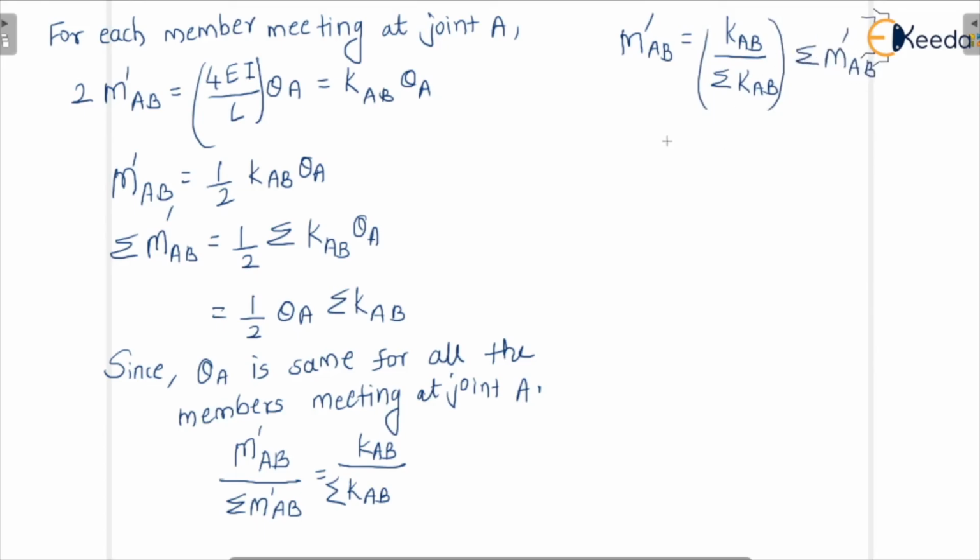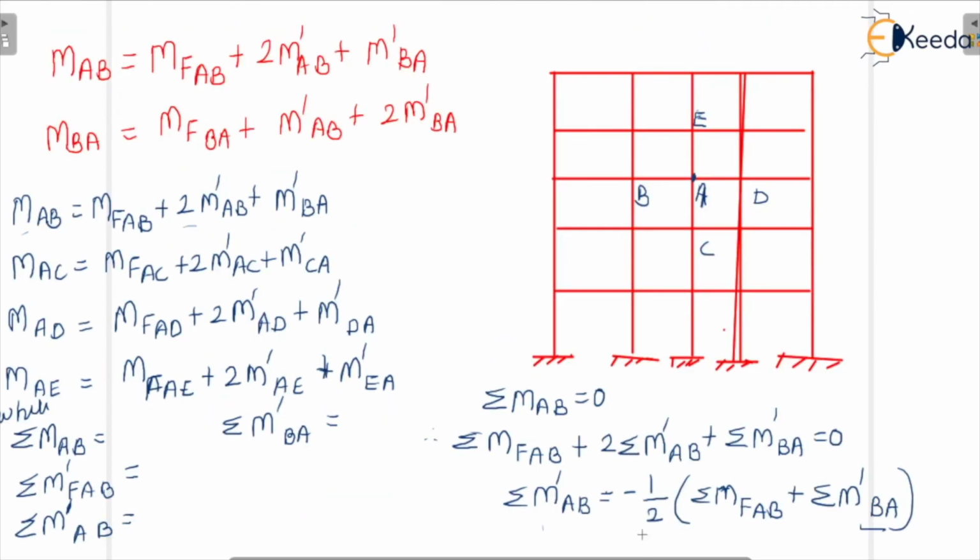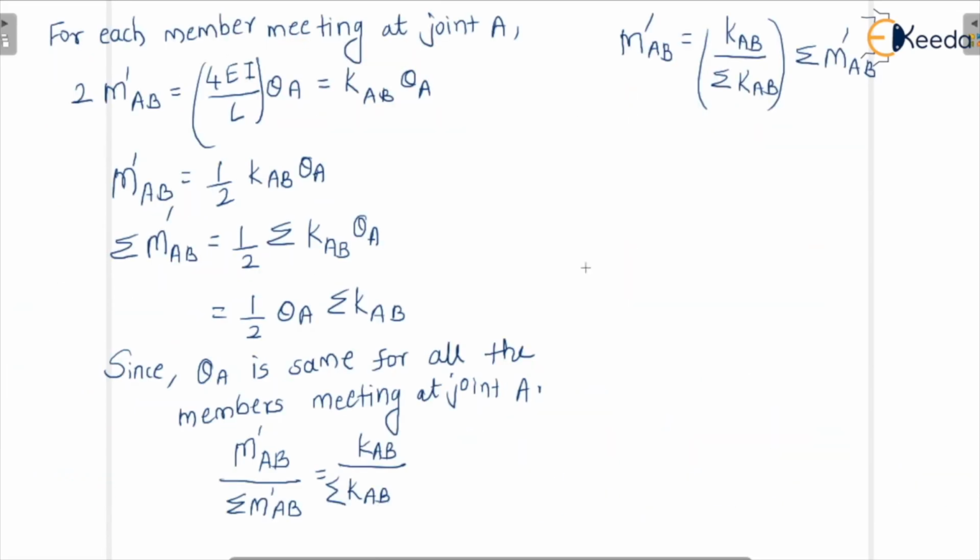So the last equation we got, summation of M dash of AB is equal to this. Let us call this equation A, and the recent equation we got, M dash of AB, let us call equation B. So let us substitute equation A in equation B. The previous equation we are going to substitute here.